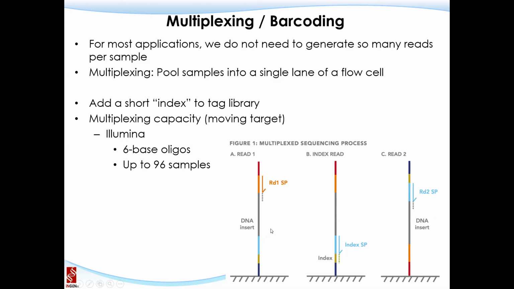After doing that, the next step is the barcode. This index is the barcode, a 6 base pair sequence. The reaction happens automatically: another index sequencing primer comes in to read this.